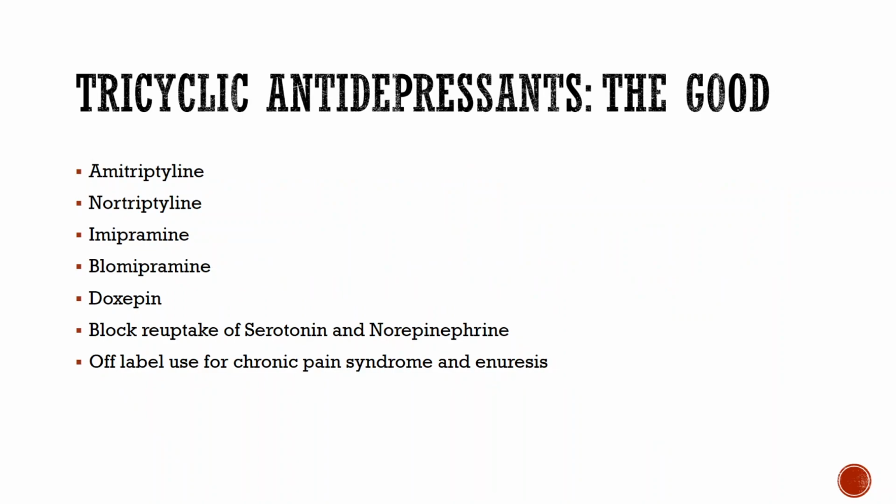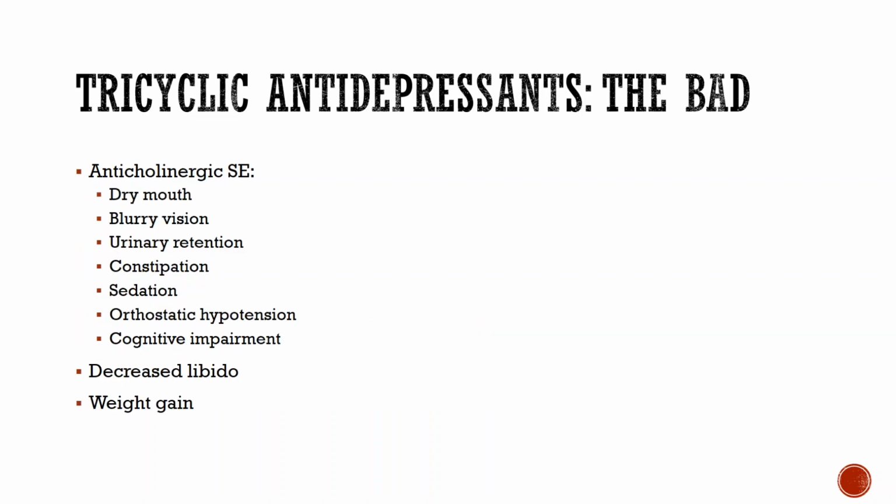So our tricyclic antidepressants, those are going to be all the ones stated below. They block reuptake of serotonin and norepinephrine. And they're also used off-label for chronic pain syndrome and enuresis.